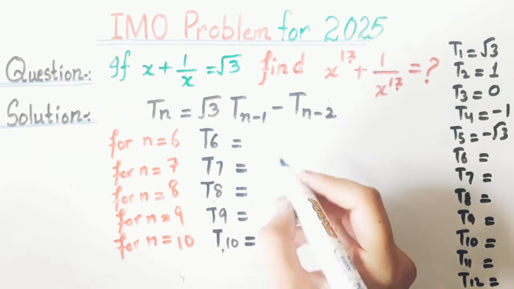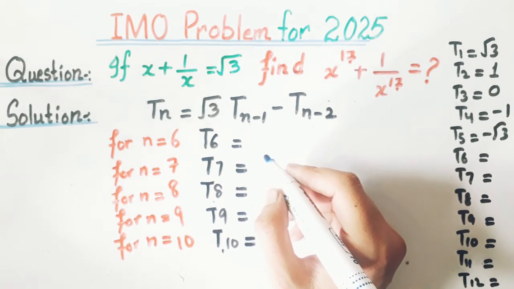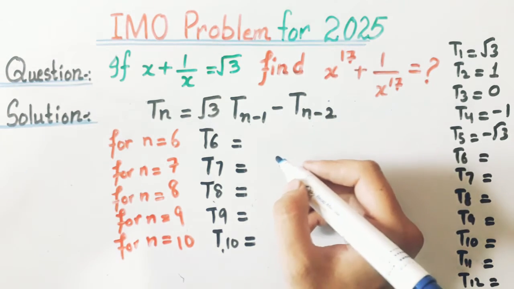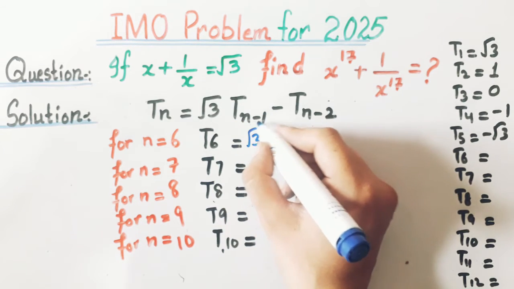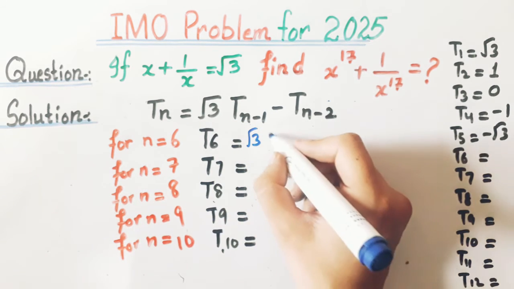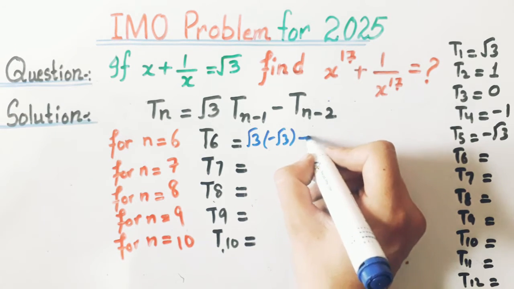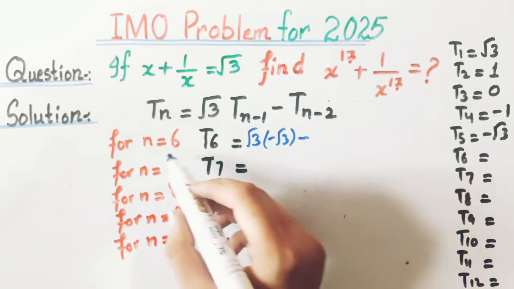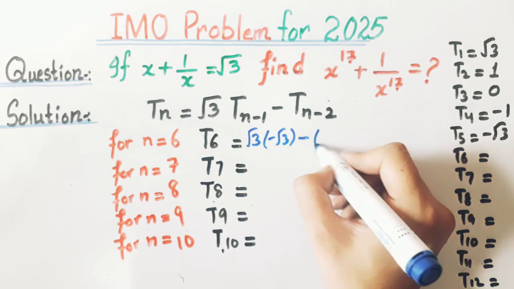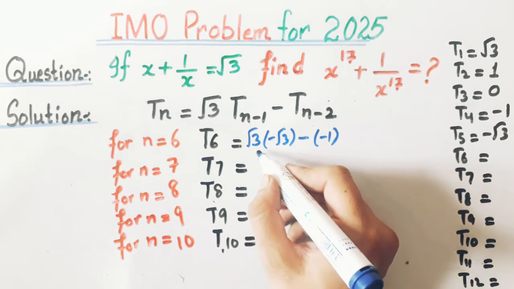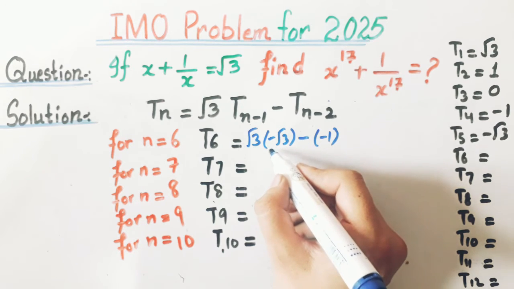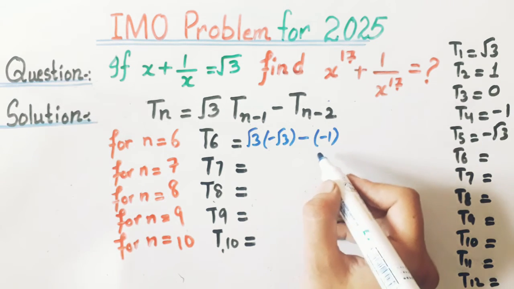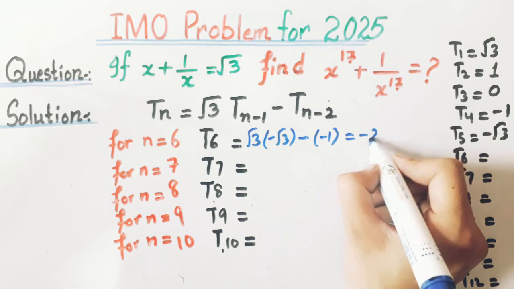Now the value of T6 will be square root 3 times the previous value T5, that is minus square root 3, minus the value T4, that is minus 1. So this will be equal to square root 3 into minus square root 3, that is minus 3, plus 1, which is minus 2.